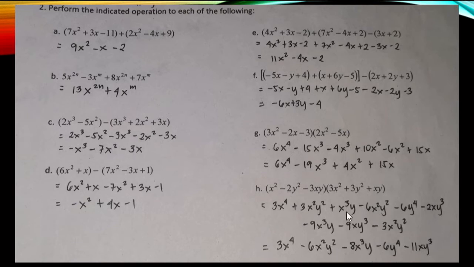Then for x cubed y, this and this: 1 minus 9 is negative 8x cubed y. Then we have negative 6y to the power of 4, which has no other like term. Then the last one, xy cubed, this and this: negative 2 minus 9 is negative 11xy cubed.